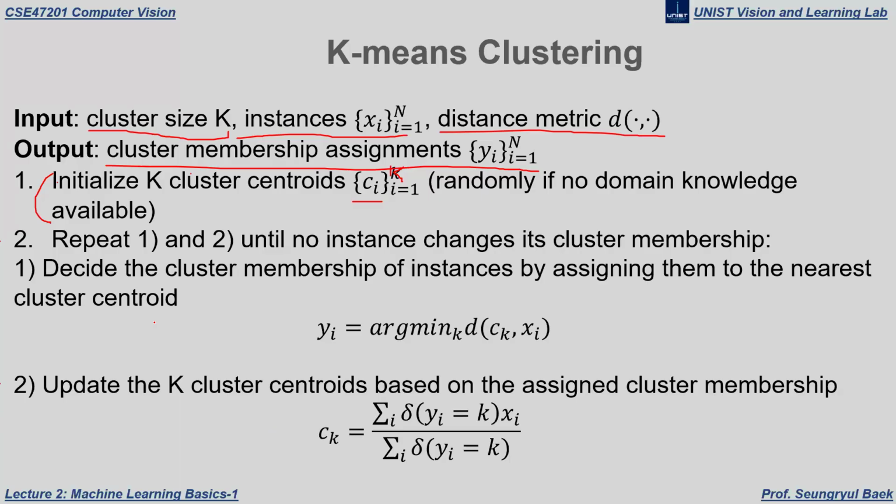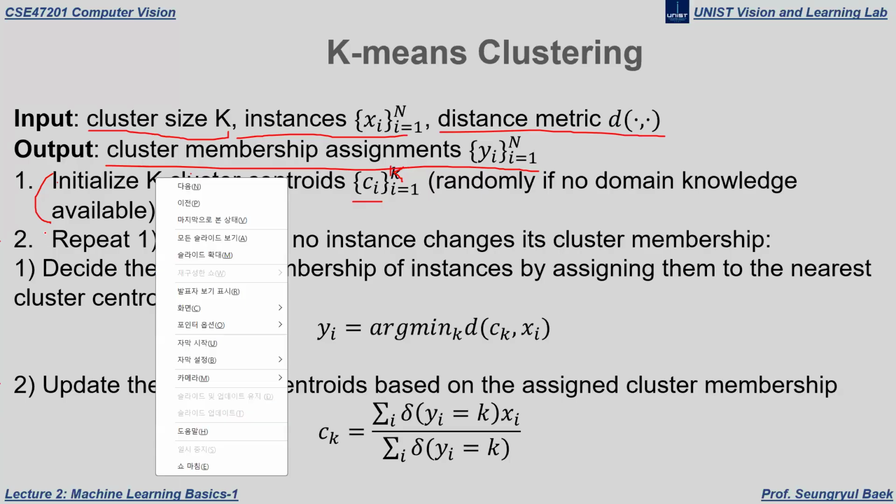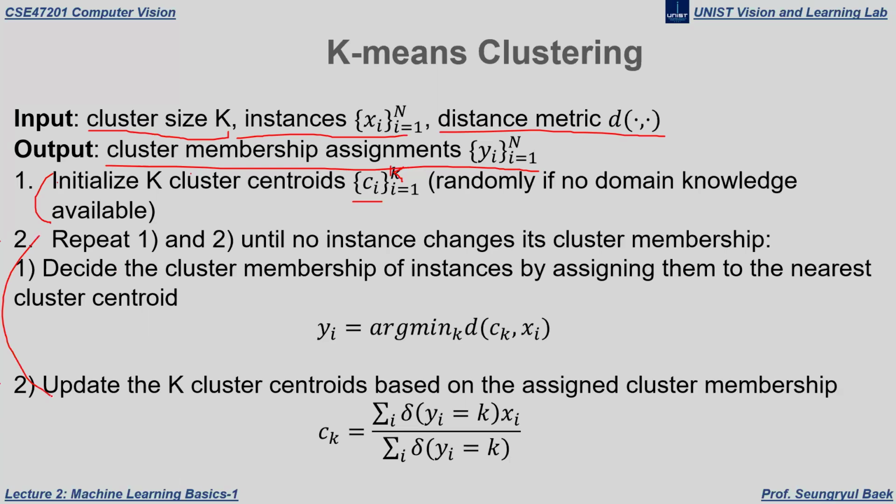And you will repeat these two steps until the termination condition is met. First, you will assign all the samples to the nearest centroid.